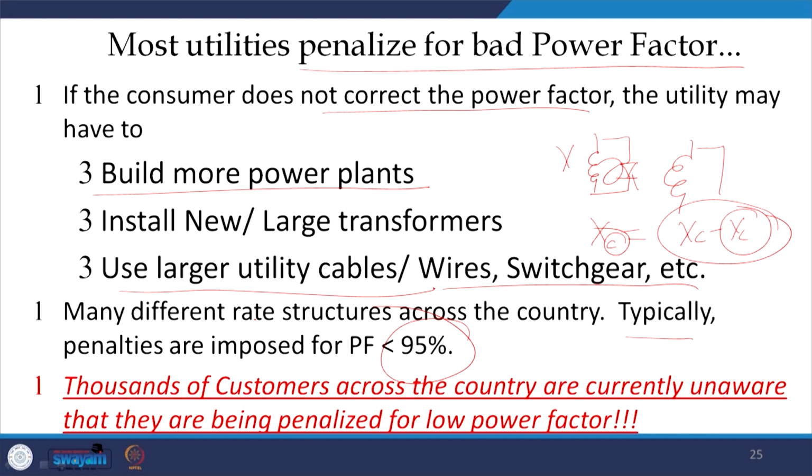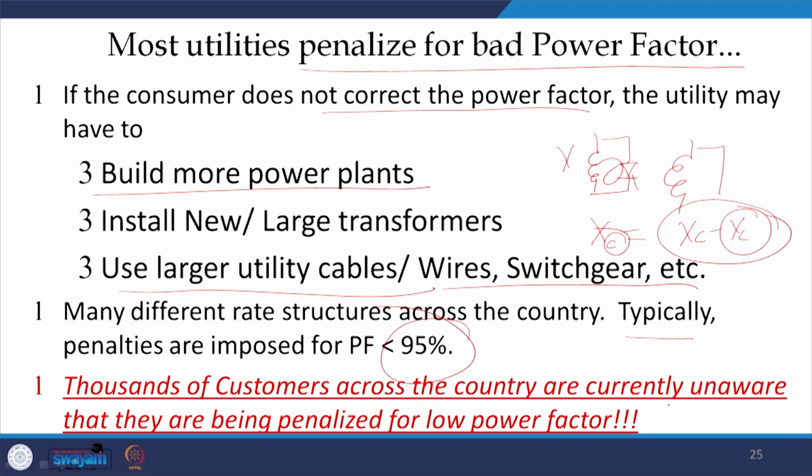Thousands of customers across the country are unaware that they are being penalized because of low power factor. Ultimately we are coming to the commercialization of it, and nowadays prepaid meters reduce theft and other issues. So, you may not be aware that your current bill is inflated because of the low power factor.